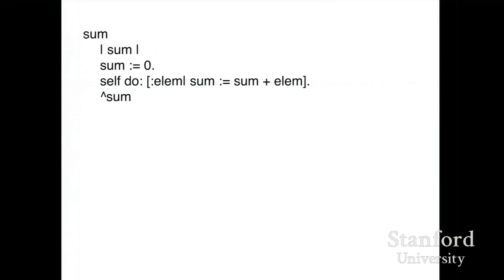Each of the many subclasses of the collection abstract class may indeed implement do in its own particular way, depending on its interior representation. It might be a hash table with keys that are key value pairs, and we need to iterate over that hash table. It might be a flat array where we can use integer indexes.